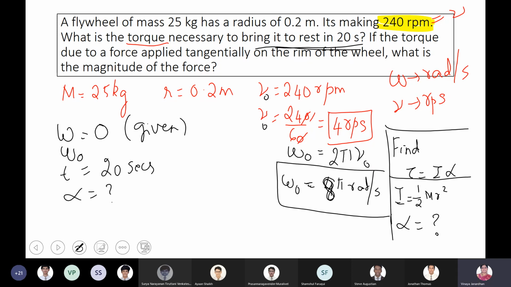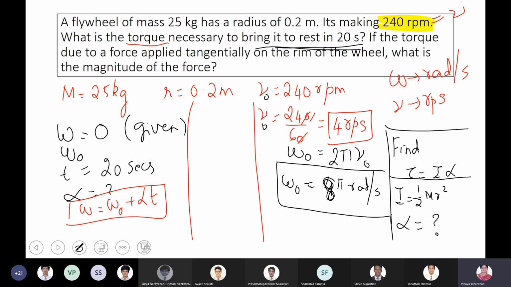Now you have to find alpha. Which formula will you use, boys? Omega is equal to omega naught plus alpha t, the first equation of rotational motion.